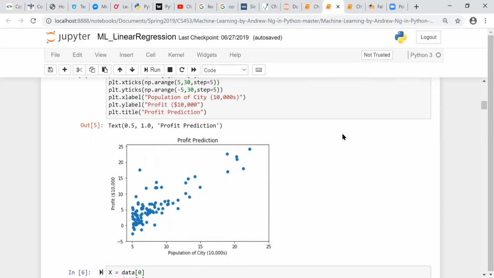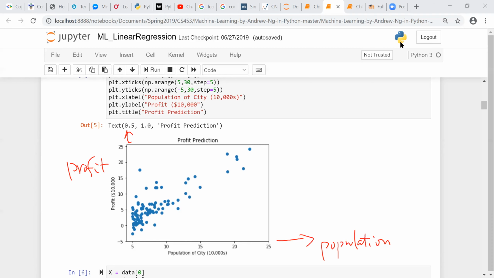Here it also gave us the plot of the data. The x-axis is population, and the y-axis is profit.